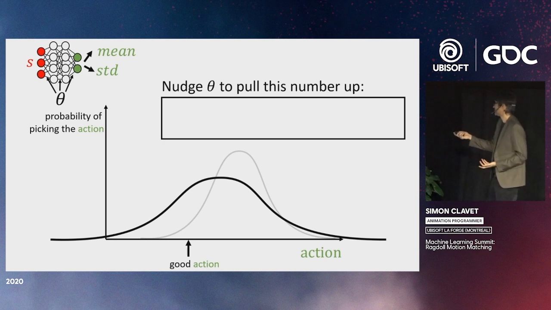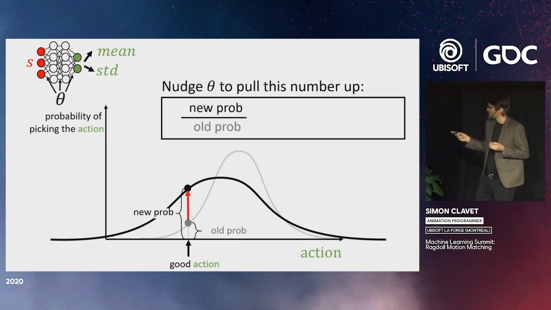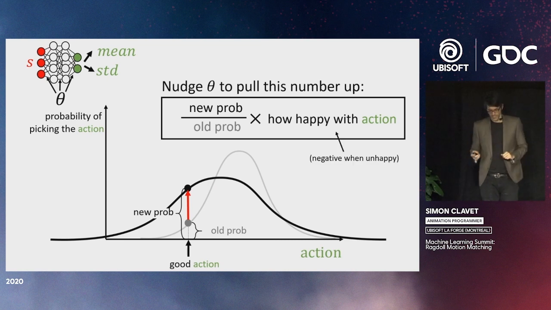Look at these curves there: new probability, old probability at this action. One idea is to pick the ratio of these two. In this case, it's about 3 times bigger. And we want this to be big if we were happy with the action. So the trick is to just multiply it with some number that tells us how happy we are with the action. So we have an equation here.